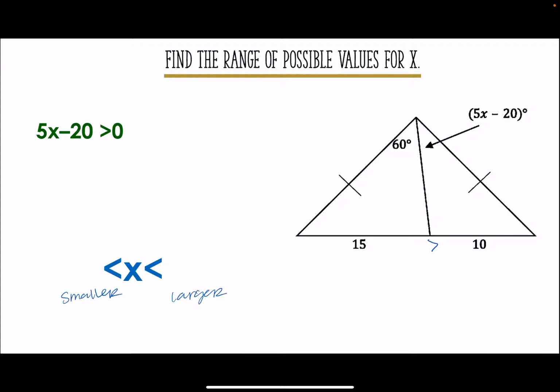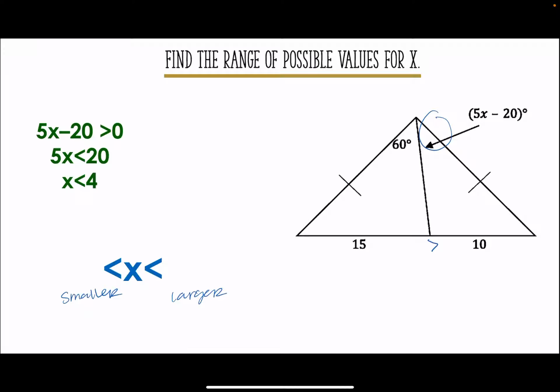So I set it up like that. Now, what you do want to remember is no matter what you do, the smaller one has to be more than 0. So I did 5x minus 20 is greater than 0 first.